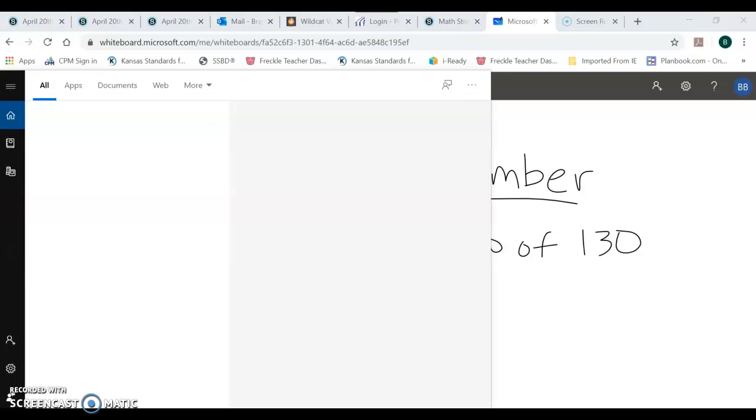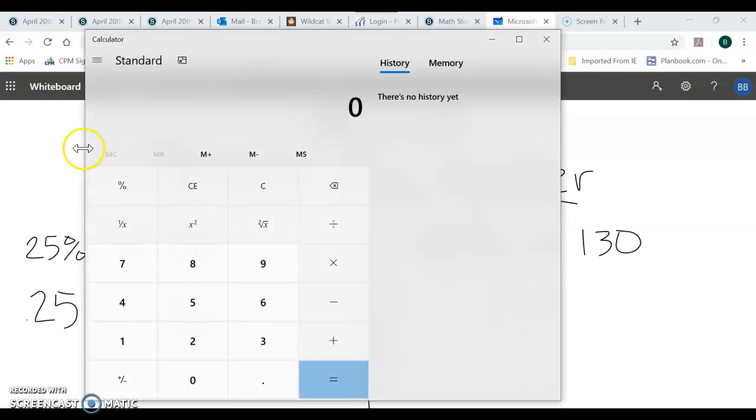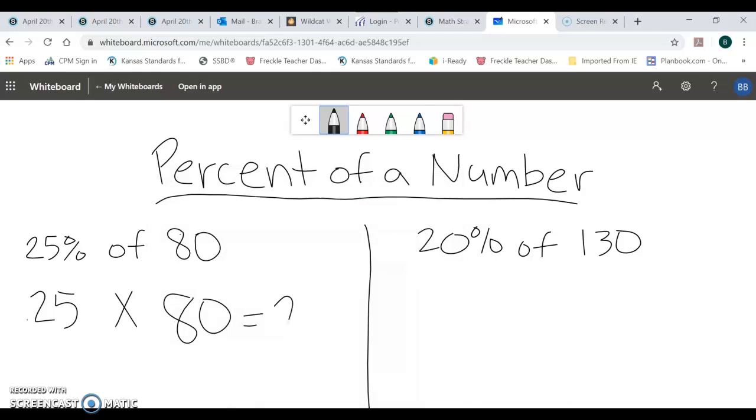I'm going to show you that you can search calculator here, and then, oh, can't forget the decimal, 0.25 times 80, looks like that's 20. So you just type that in there, you find your answer, and that tells you that 25% of 80 is 20.